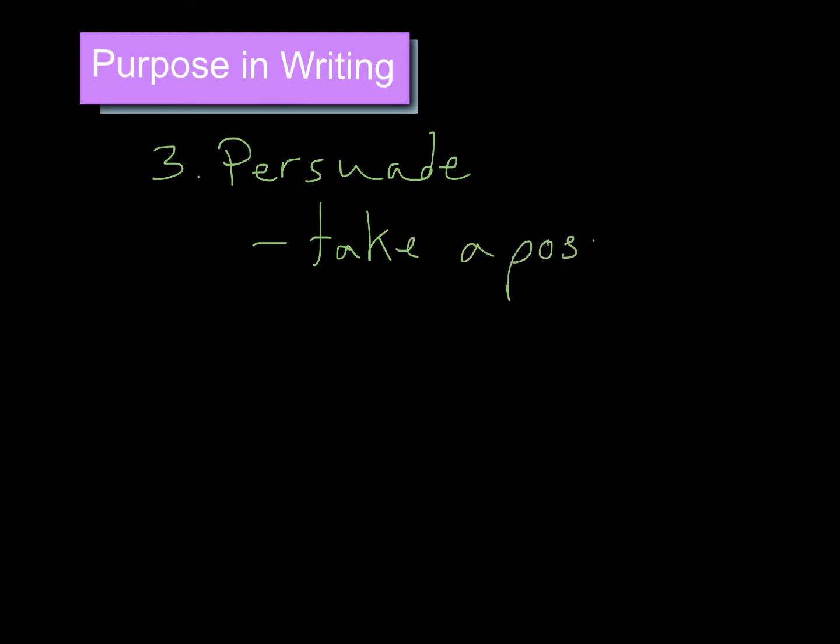For students, an especially common purpose for writing is to persuade. In this type of writing, you take a position on a subject. And then you try to convince others of your view.